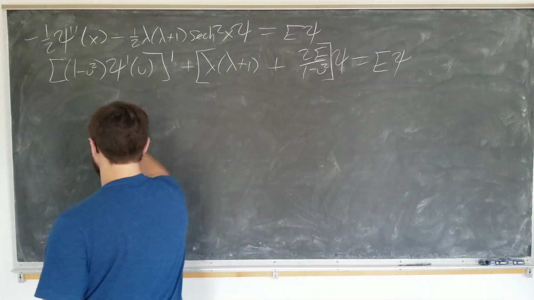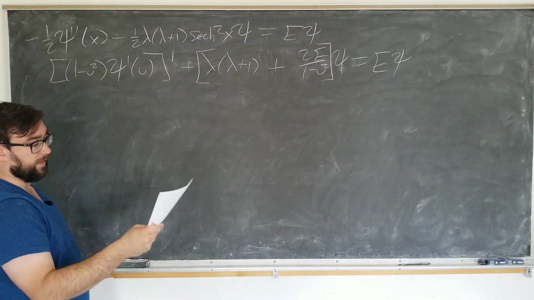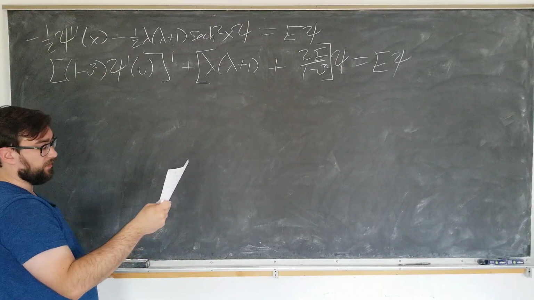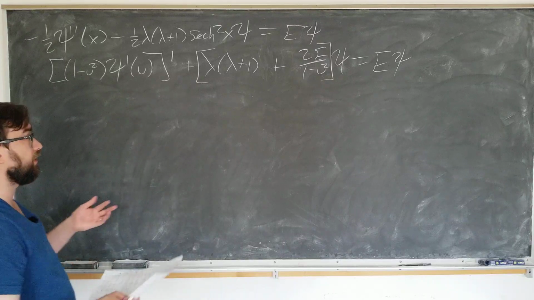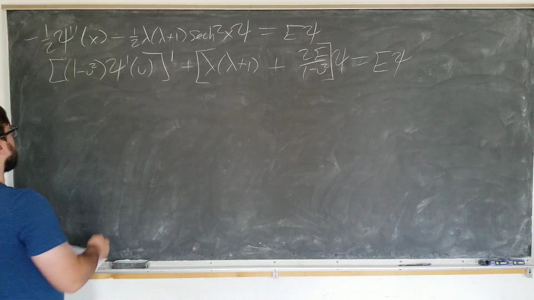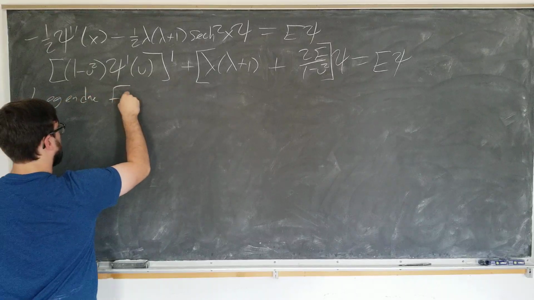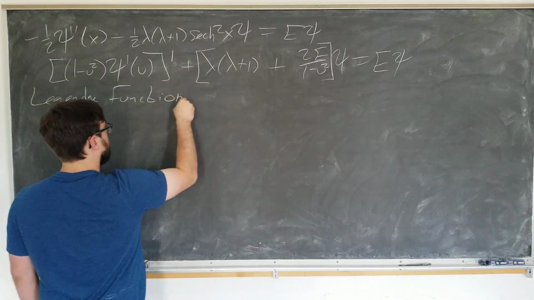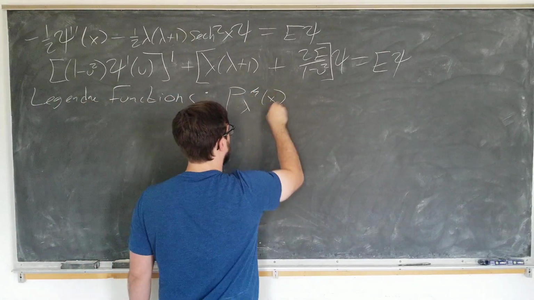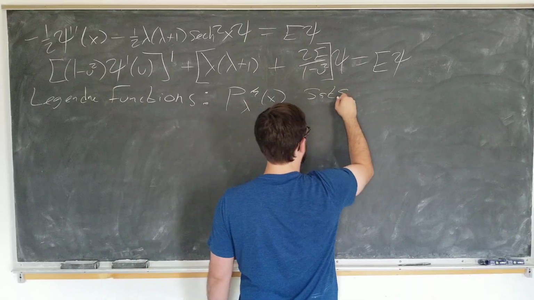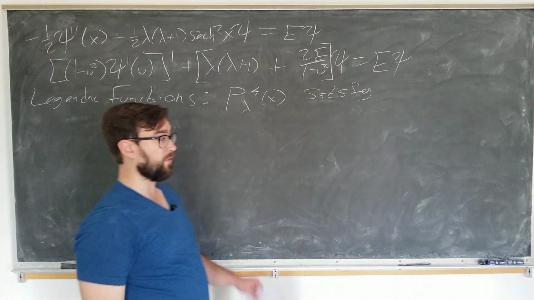Okay, let's continue with our main expression here. So, where was I? We want to recognize this as a special function. In particular, if you have studied the Legendre functions, they are denoted P lambda mu of x, and they satisfy a very similar differential equation.